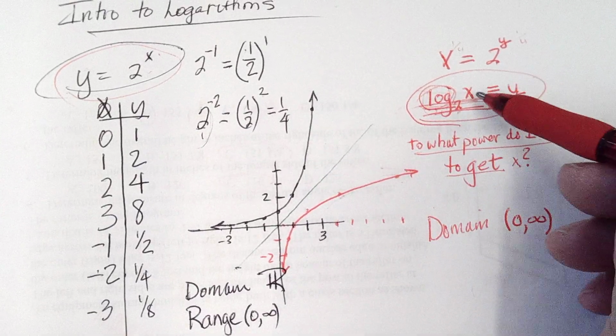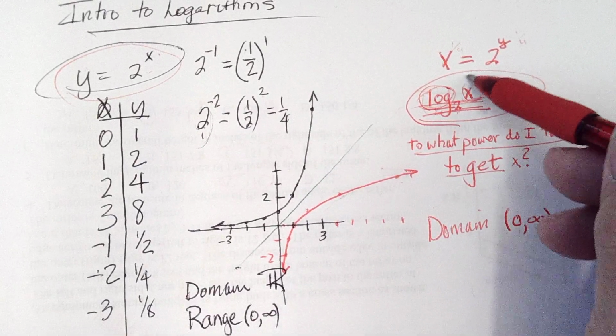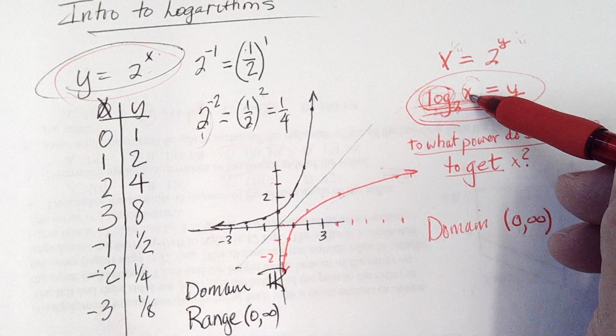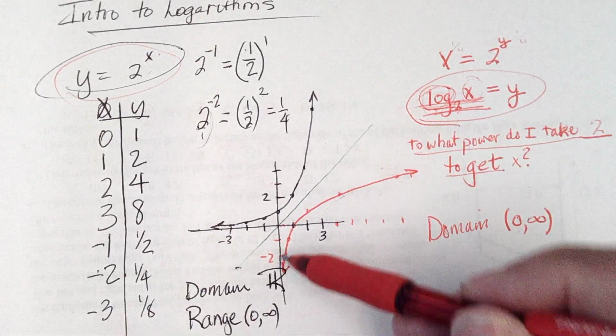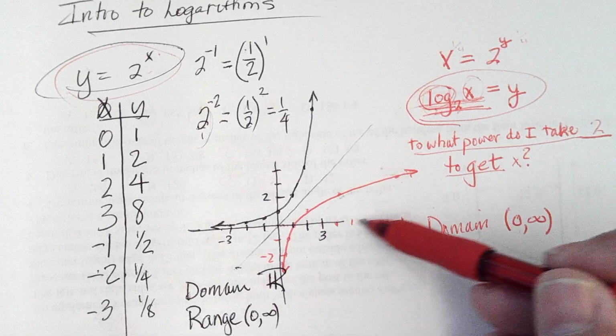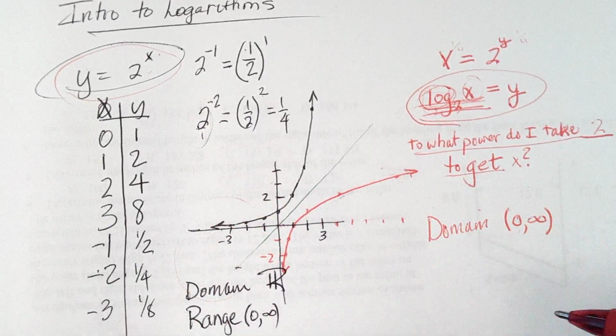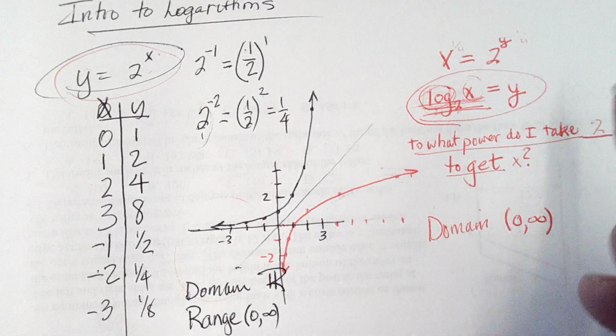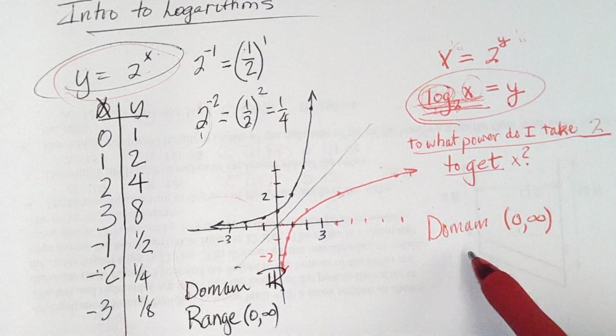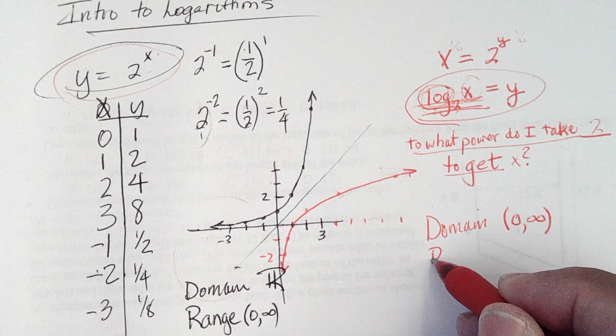Logarithms, you never can take the log of a negative value. Logs only exist in the positive world. There's no logs of negatives, at least for this course. No logs of negatives.